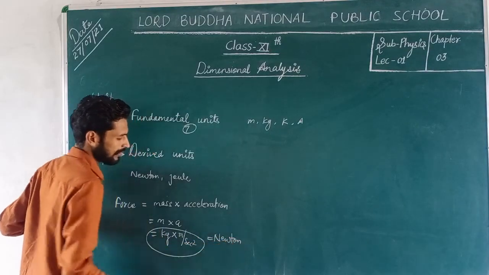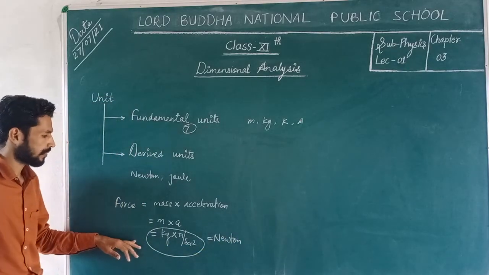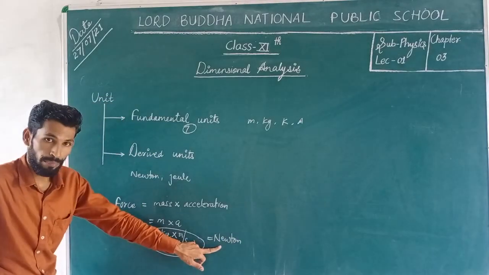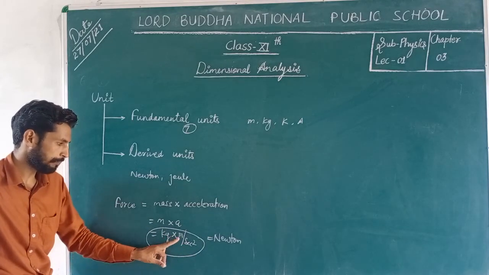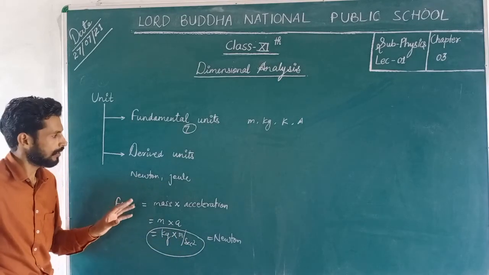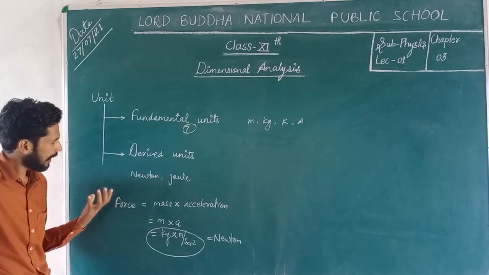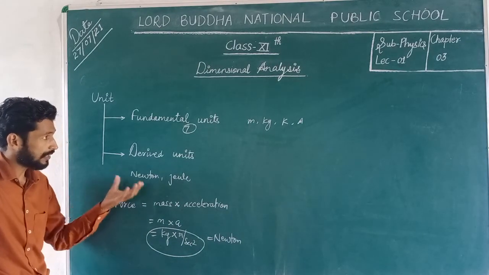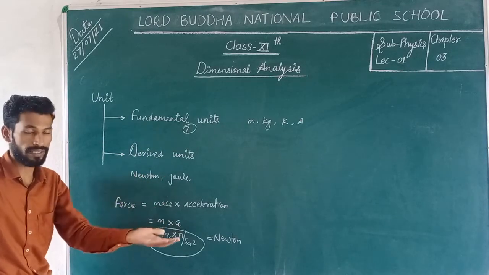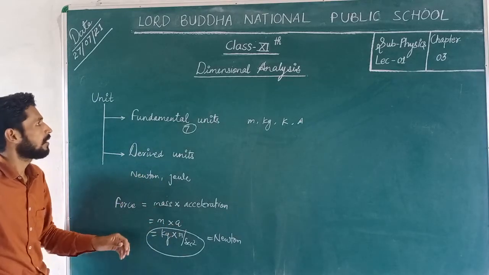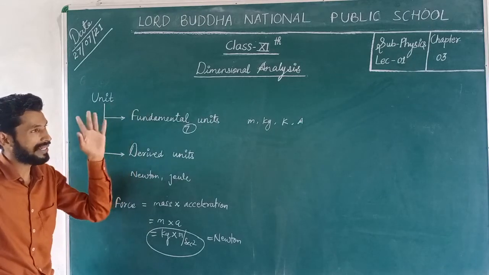So we can check that the Newton is made by these fundamental units, that is kilogram, meter, and second. So we can say that derived units depend on the fundamental units, but fundamental units don't depend on any other unit. Clear that? Now the topic is dimension.